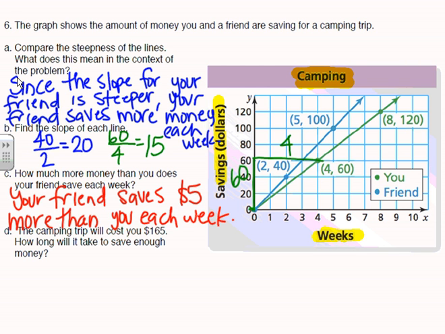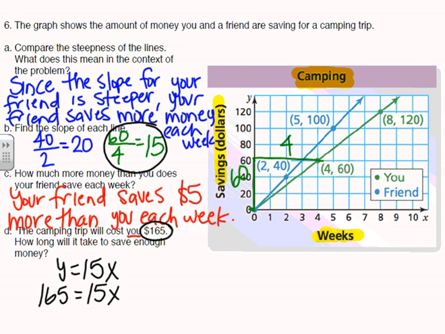Okay, part D, the camping trip will cost you $165. How long will it take to save enough money? So we can use your information, which was $15 a week, and we're going to do y equals $15 a week times the number of weeks. The 165 is the y, and so we're going to divide that by 15.